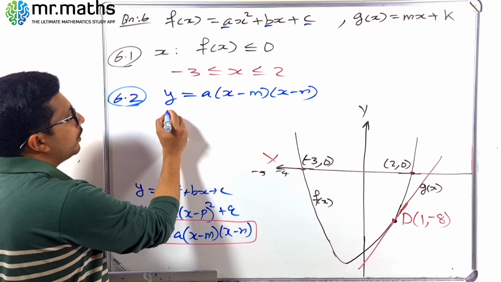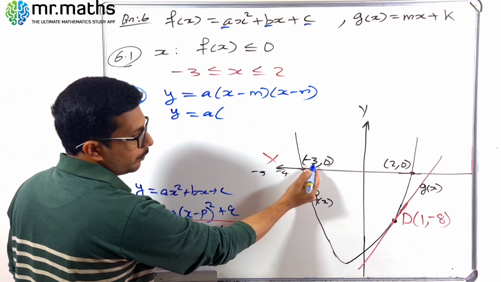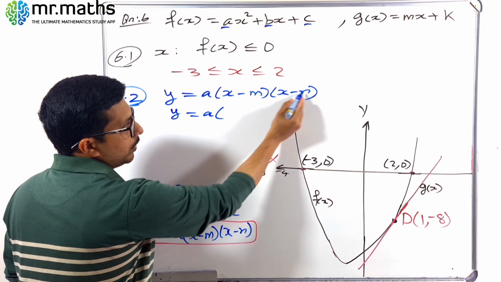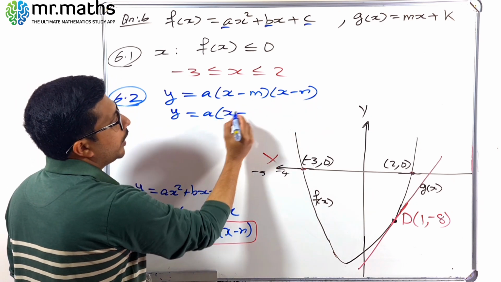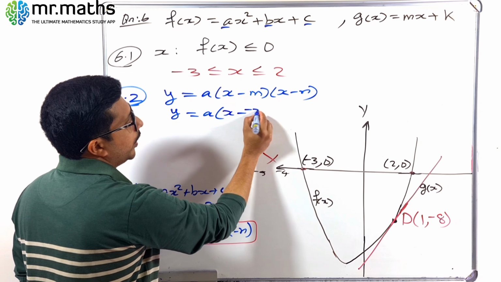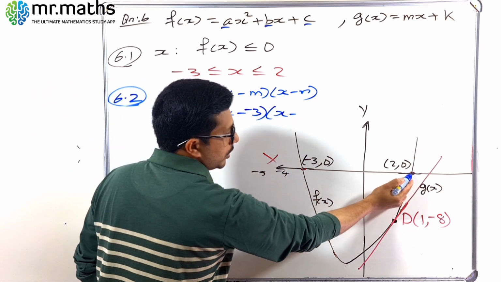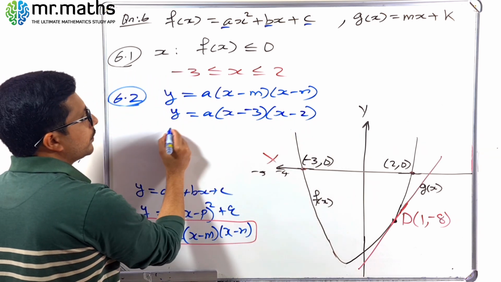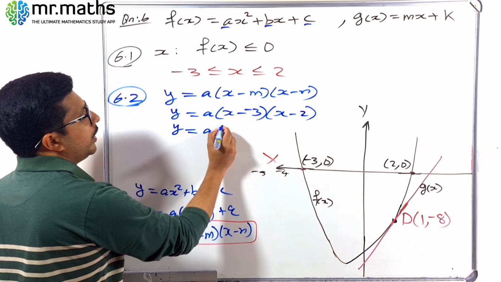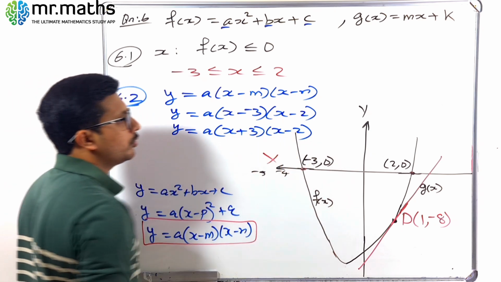Here m and n are the x-intercepts. So x minus m is x minus minus 3, and the next x-intercept is 2, so x minus positive 2. So y is equal to a into x plus 3 into x minus 2.